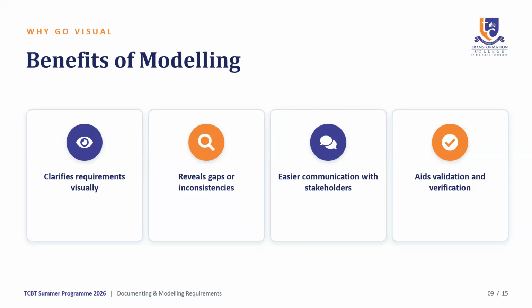It also helps to reveal gaps and inconsistencies. Now, if you've done process mapping with BPMN, one of the advantages here is it helps to reveal gaps in your system, areas to improve, and areas that you might need to strike out. It also helps communication with stakeholders.